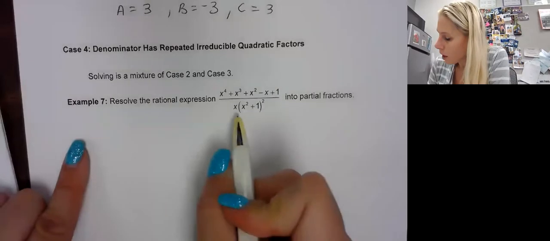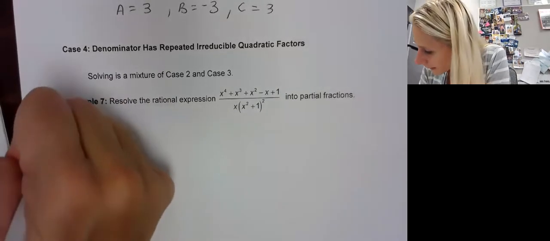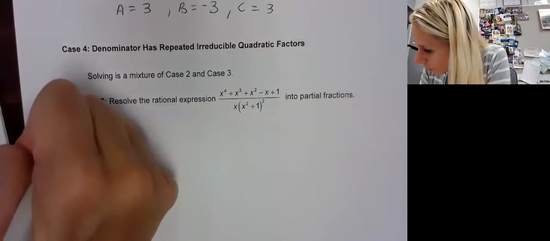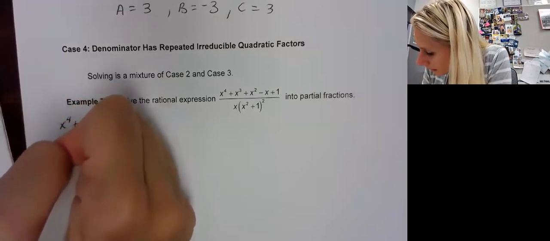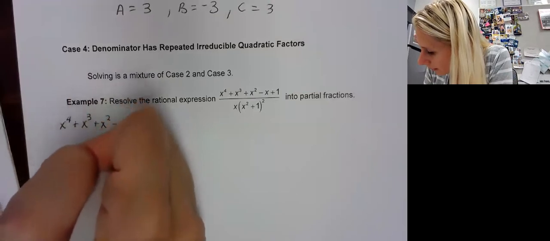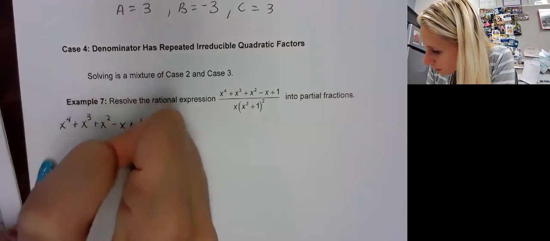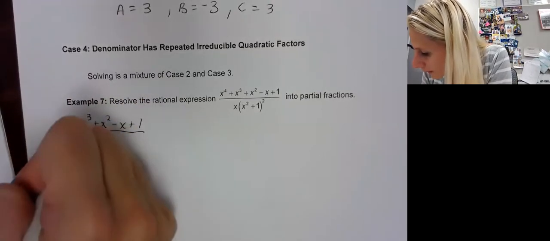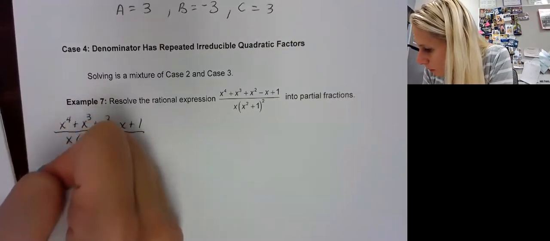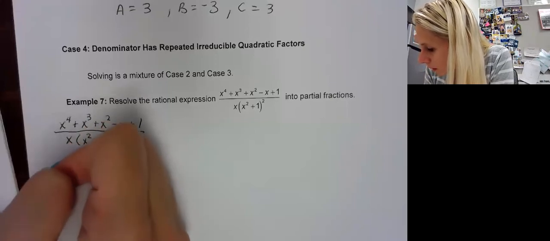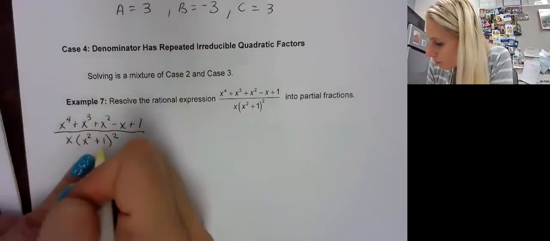All right. So what I see here is this x to the 4th plus x cubed plus x squared minus x plus 1. Okay, now I want you to look at these factors. I have an x. I have a multiple of x squared plus 1. So remember what that means.